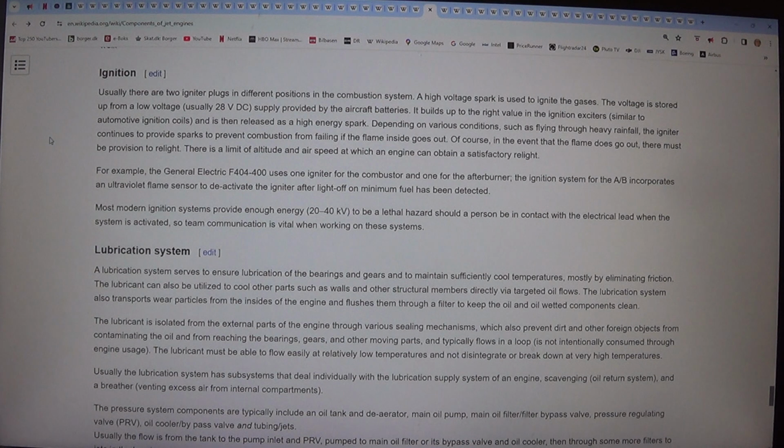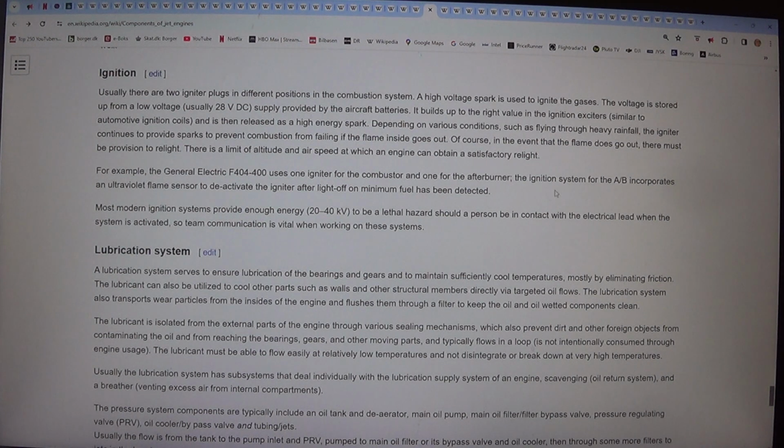Of course, in the event that the flame does go out, there must be provision to relight. There is a limit of altitude and airspeed at which an engine can obtain a satisfactory relight. For example, the General Electric F404-400 uses one igniter for the combustor and one for the afterburner.